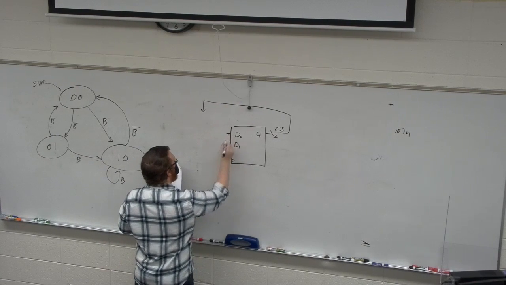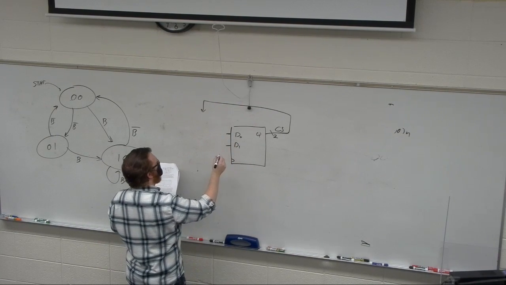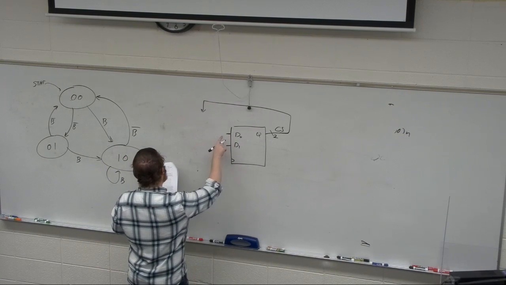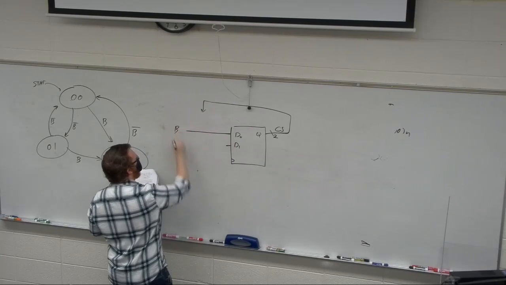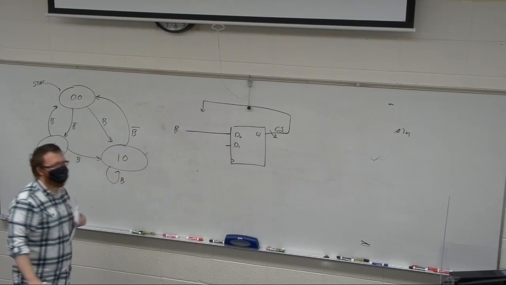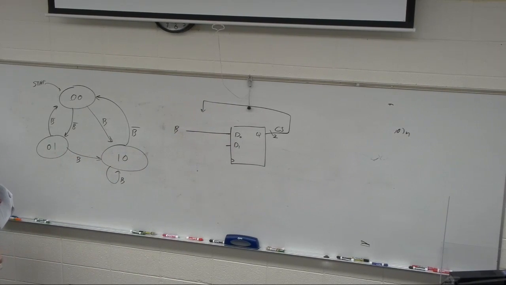It turns out that D0 only matters on B. Now, we would generate that by going through some K-maps of this. But that's what the video that I keep mentioning is about, generating those K-maps, generating the logic. But you can kind of see that.